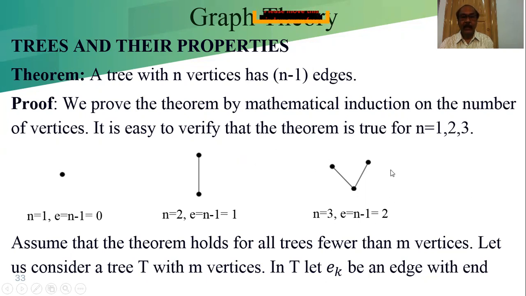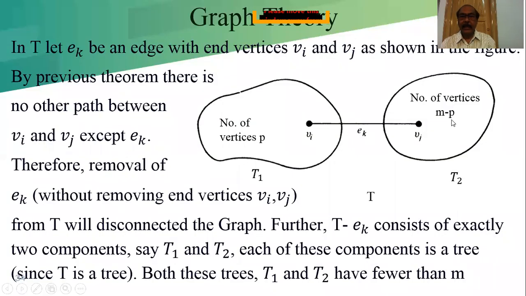We have a tree and Ek is an edge connecting the two vertices Vi and Vj. In the diagram, see, Ek is an edge connecting Vi and Vj. This is one part of the tree and this is the other part of the tree.